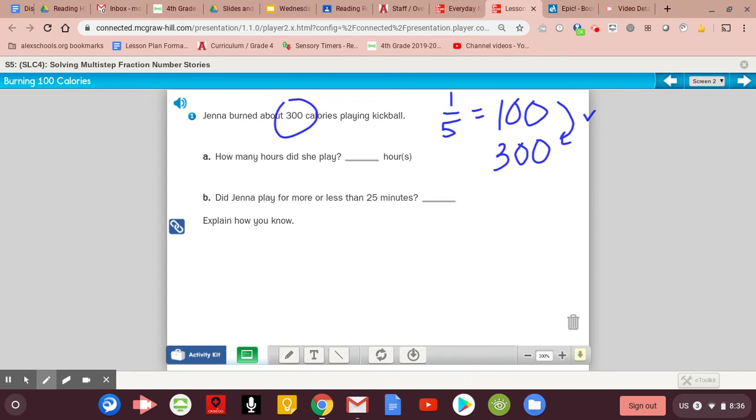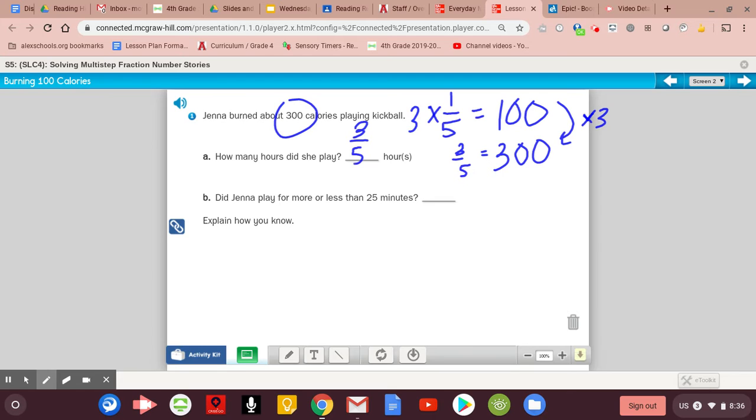I times by 3. So I'm going to do the same thing on this side to get my answer. And I'm going to multiply that numerator, that top number, by 3. And I will have 3/5. So she played for 3/5 of an hour to burn 300 calories.